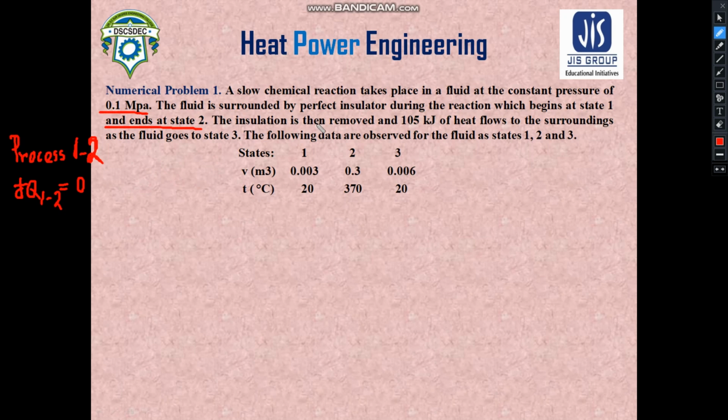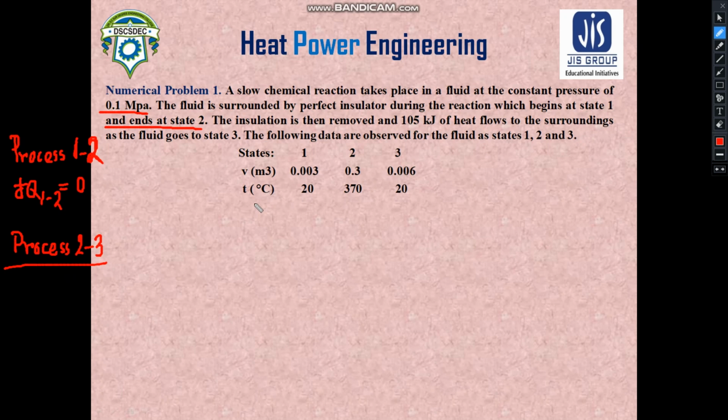Now the insulation is then removed and 105 kilojoule of heat flows to the surroundings as the fluid goes to state 3. So if you concentrate on the process 2 to 3, what happens? 105 kilojoule of heat flows to the surroundings.